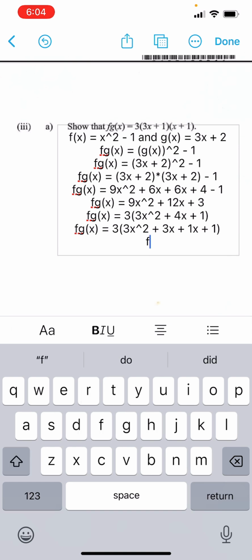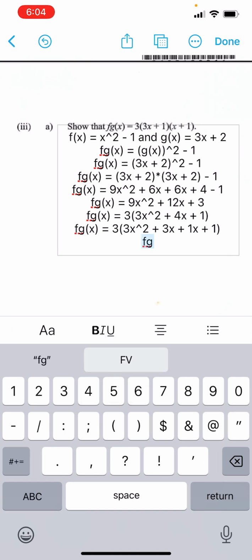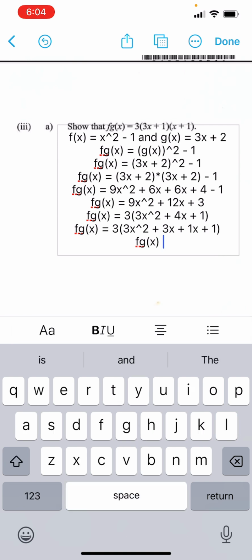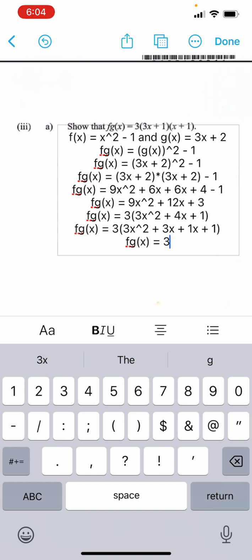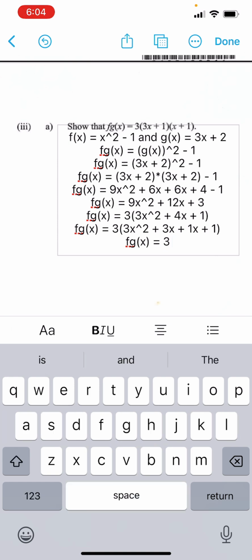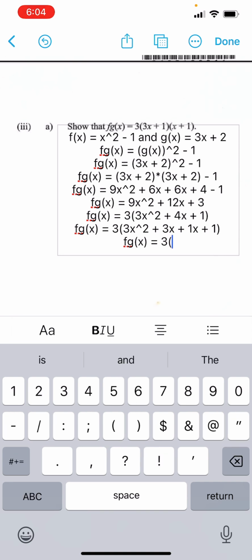Since we have all of this, all we need to do now is factorize. What do you call this again? I don't remember the concept. It is factorizing. Yeah, now you just need to factorize.